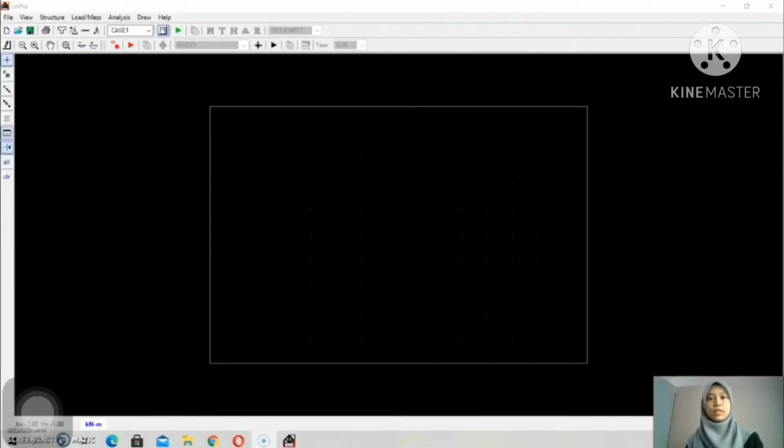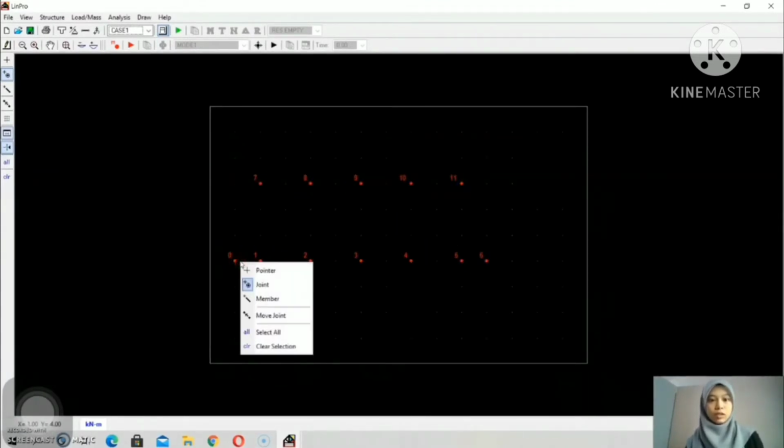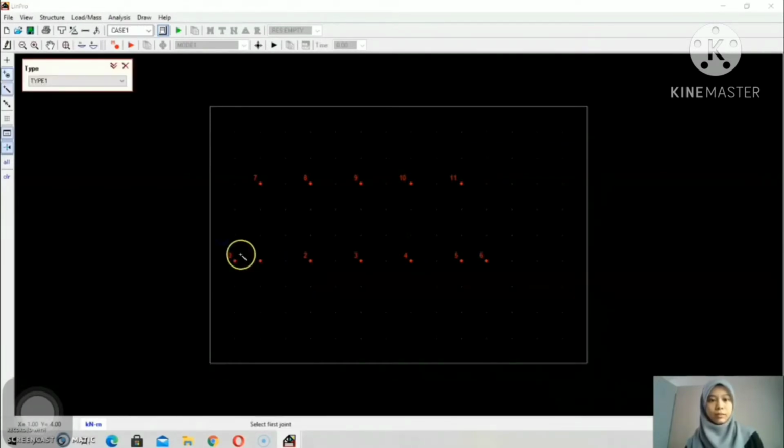Today I will show you how to design a bridge using LinPro. First, we take this member, then we just put it, and then you just right click and member, just like this.